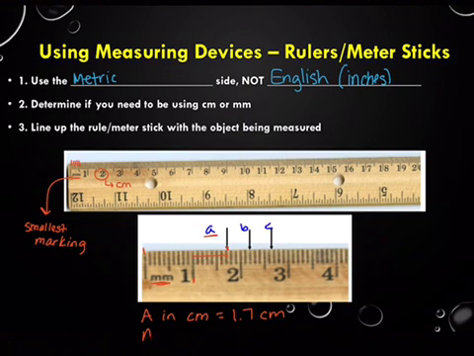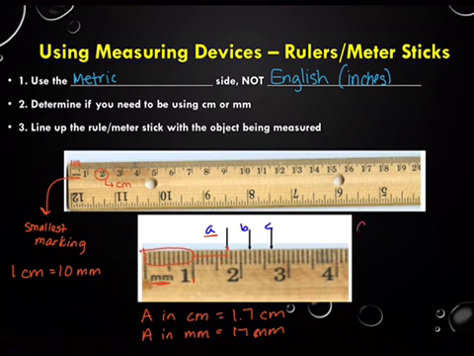Now if I ask for line A in millimeters, you could simply count every one of these tick marks, 1 through 16, and get 17 millimeters. However, you might know that in 1 centimeter, there are 10 millimeters. So since you get to the 1, you can just know that there are 10 millimeters there.